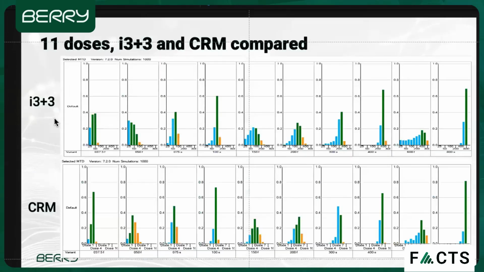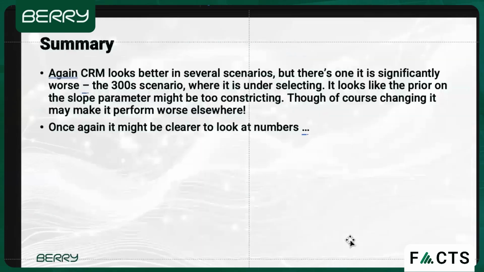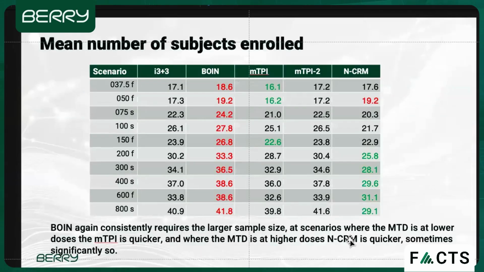And if we look at the I3+3 and the CRM or the NCRM, we do see there are some areas where there looks like a significant difference, and other areas where there's a lot of similarity, and one where it looks like I3+3 is doing quite a bit better than the CRM. So again, we resort to numbers to get a detailed handle on this.